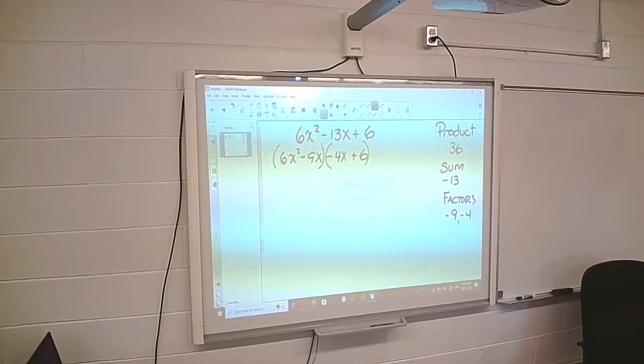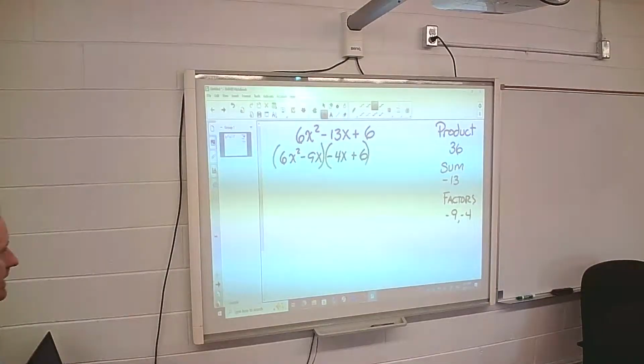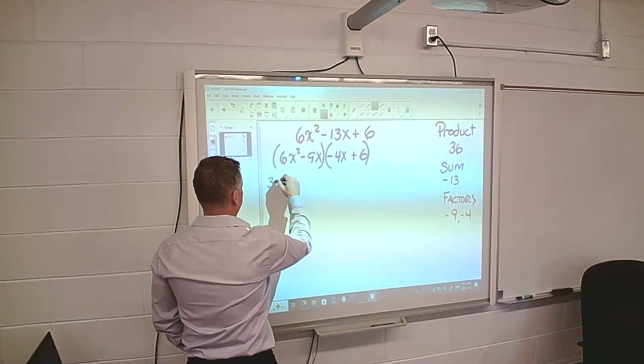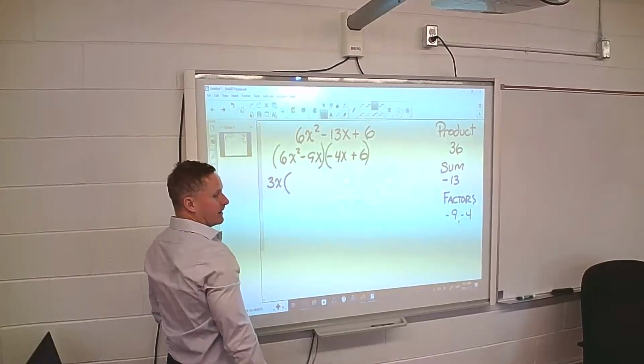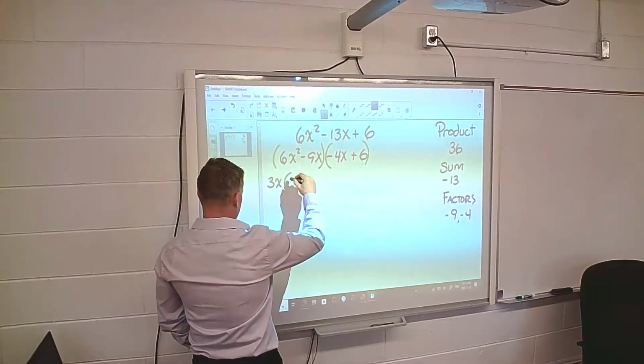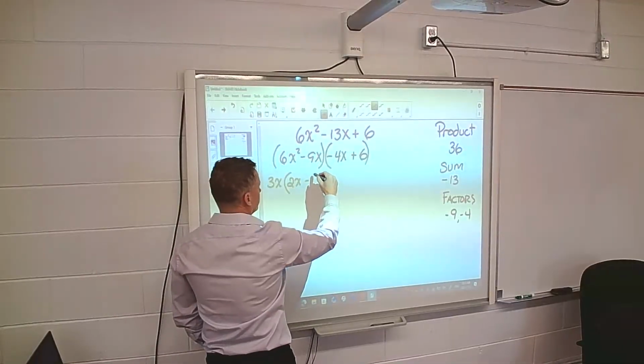Greatest common factor in the first set of brackets: 3x. 6x squared divided by 3x is 2x. What is it? Take away 3.